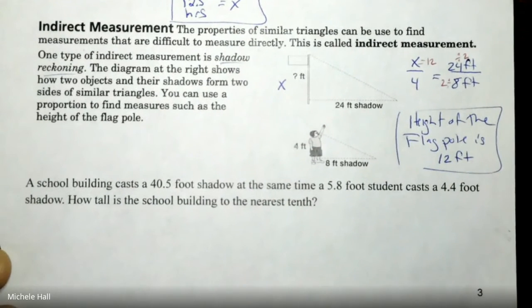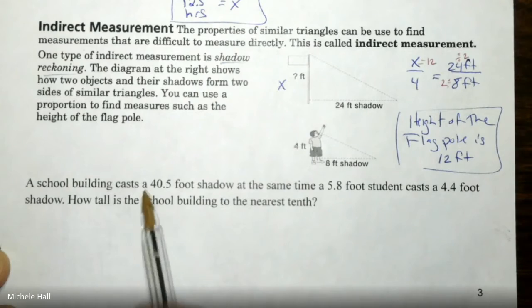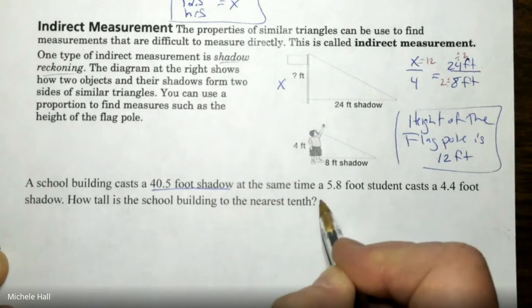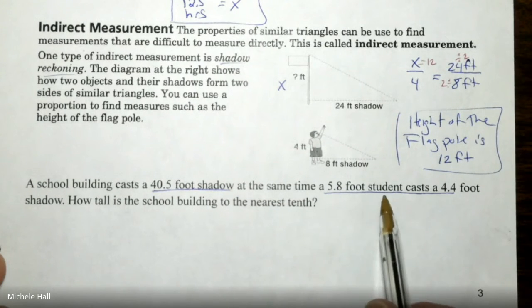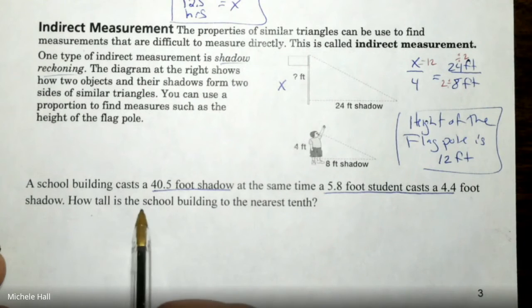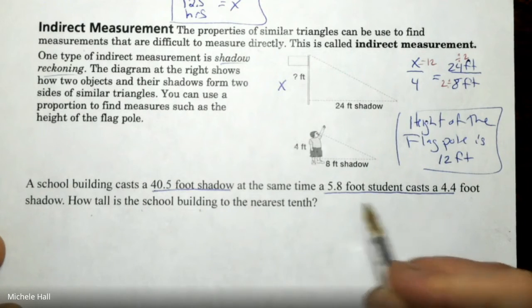One more. A school building cast a 40.5-foot shadow. At the same time, a 5.8-foot student casts a 4.4-foot shadow. How tall is the school building? So here's our ratio.